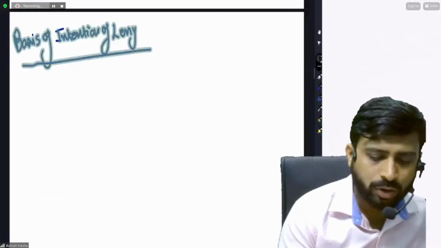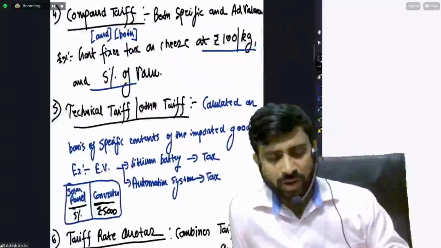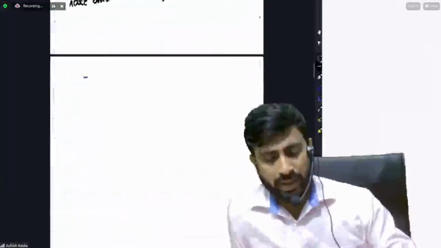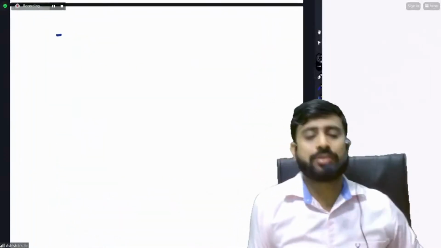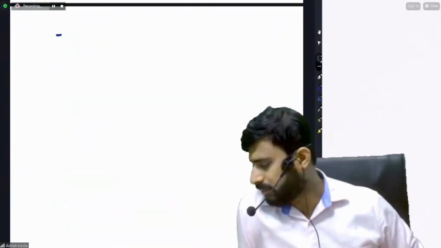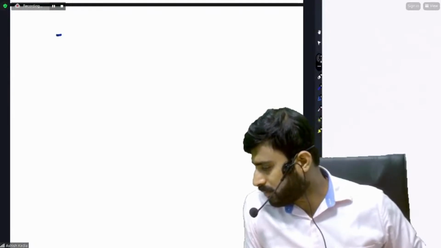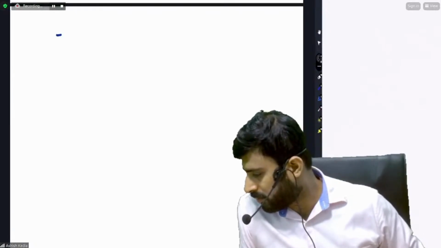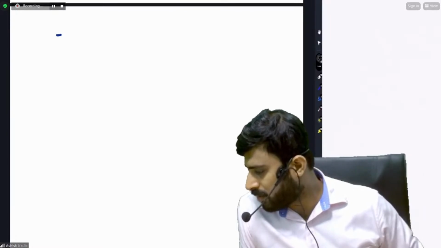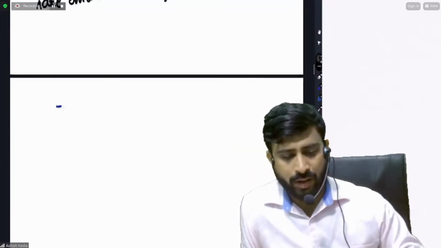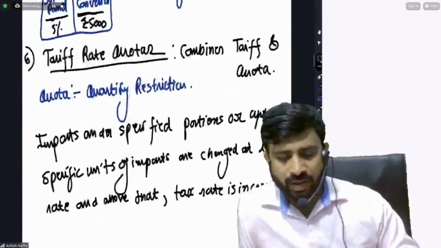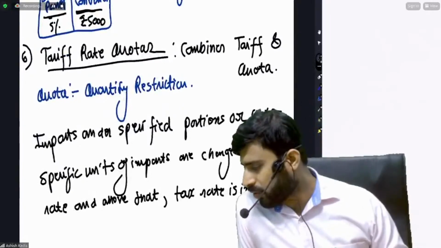Now we will talk about basis of intention of levy. Anybody wanting to take a screenshot, here it is. So friends, tariff rate quota I have read for you all.